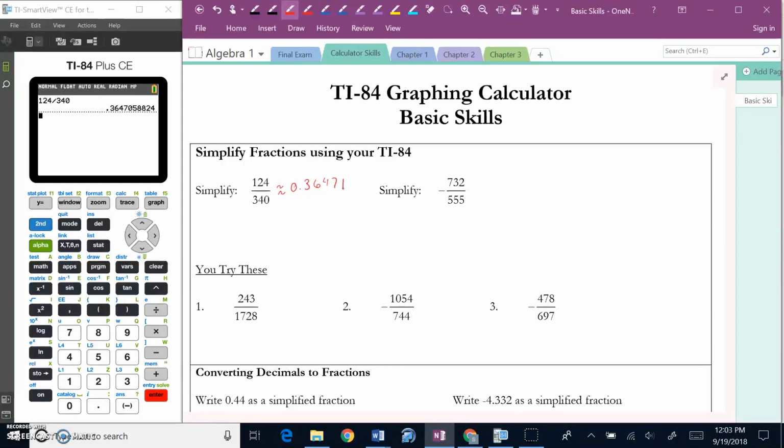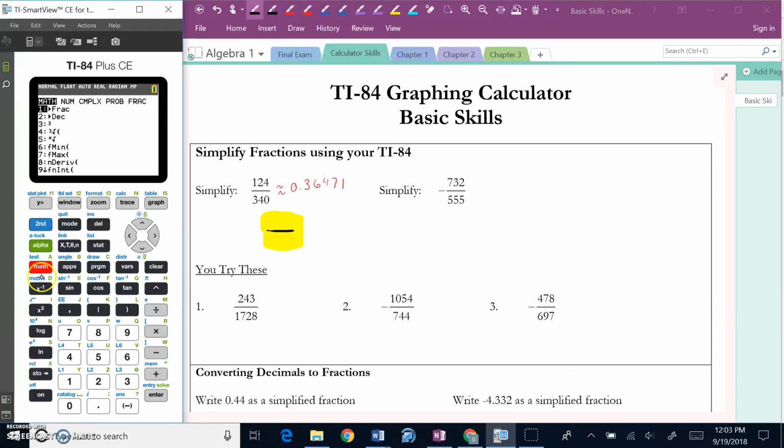But if I want to simplify the fraction, that's not what I'm concerned about. What I'm concerned about is going to be this part here. And there's a couple of buttons you have to press in your calculator to get it. So, without typing anything else in, you want your cursor blinking right underneath your decimal. Press the math button.